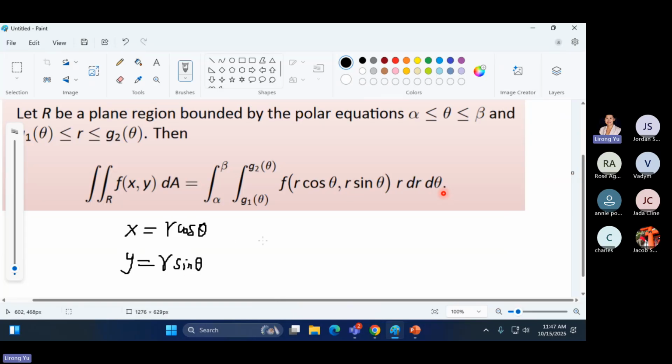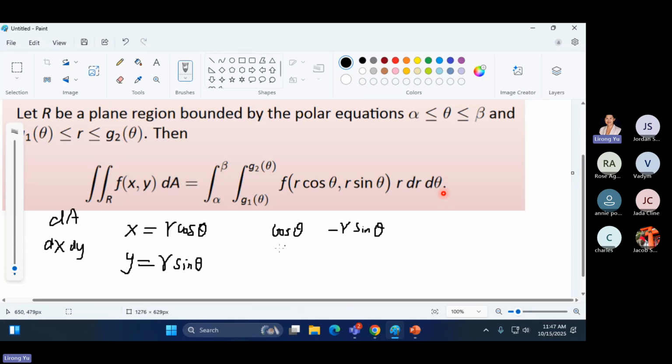When you find the derivative of x with respect to r, it would be cosine theta. The derivative of x with respect to theta is negative r sine theta. We find the derivative here because it's really a differential, like dA. You're going to find dx and dy.